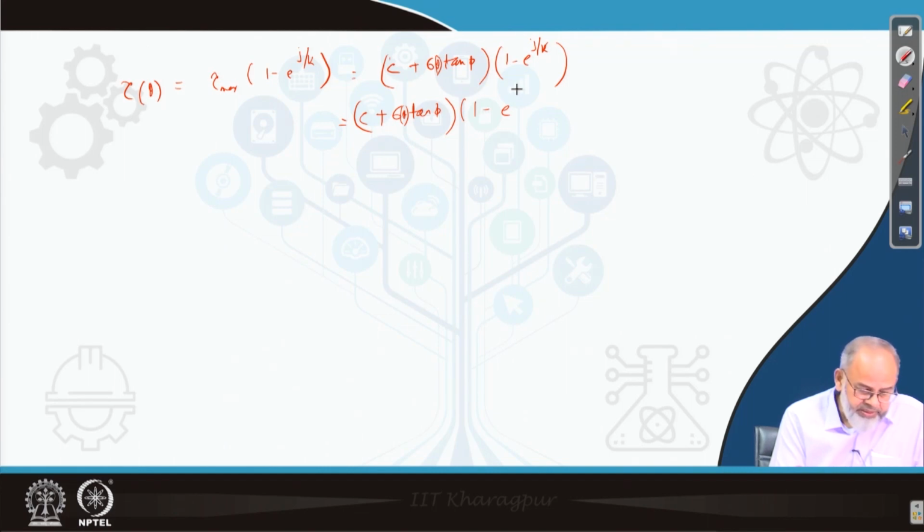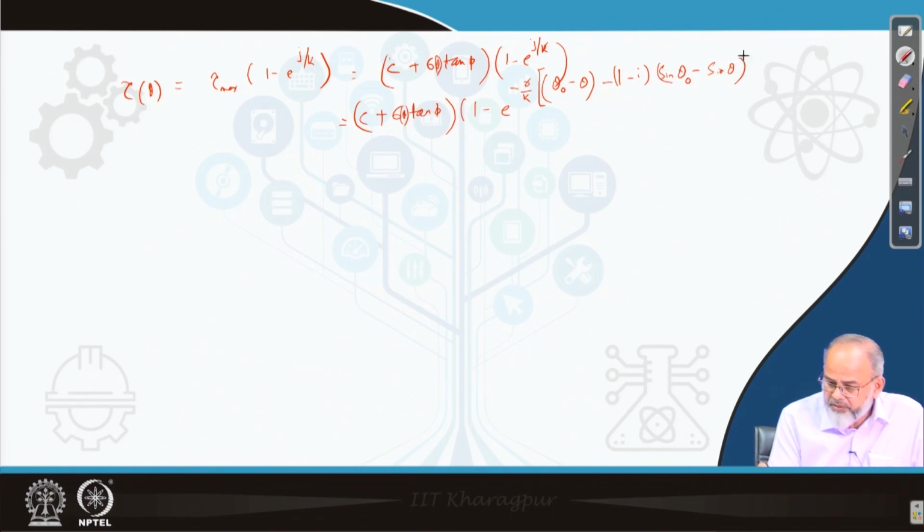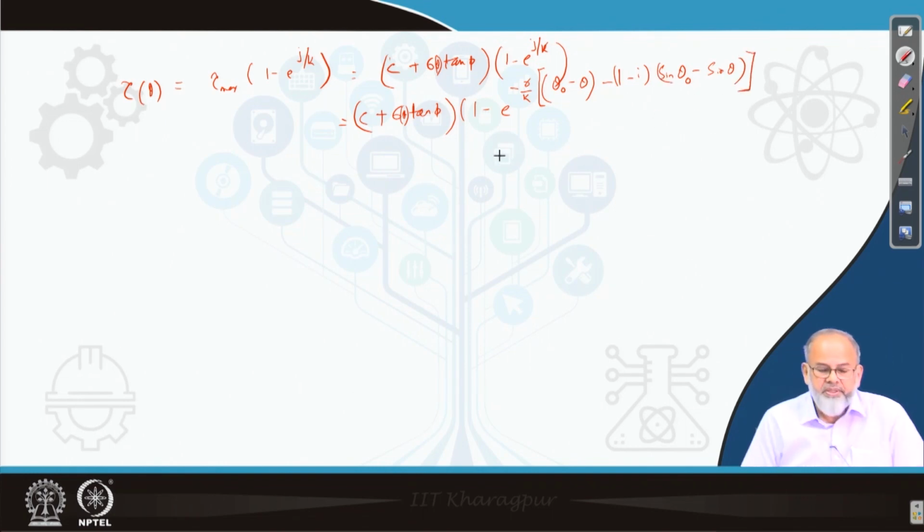So, in place of j, I can write r by k into theta 0 minus theta minus 1 minus I into sin theta 0 minus sin theta. This is the distribution of shear stress.